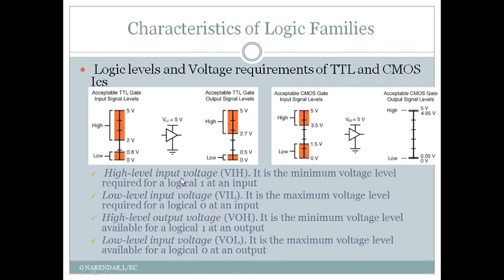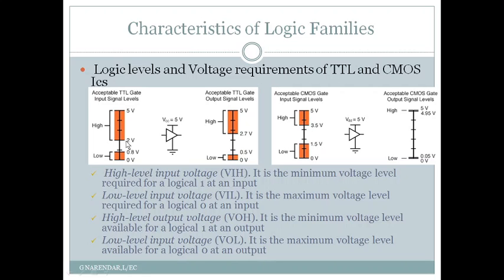So first is high level input voltage. You can see that it's an input voltage. It's a high level input voltage. So what is that voltage? It's a minimum voltage level required for a logic 1 at an input. So you can see that the minimum voltage level required for a logic 1 at input is here 2 volts.